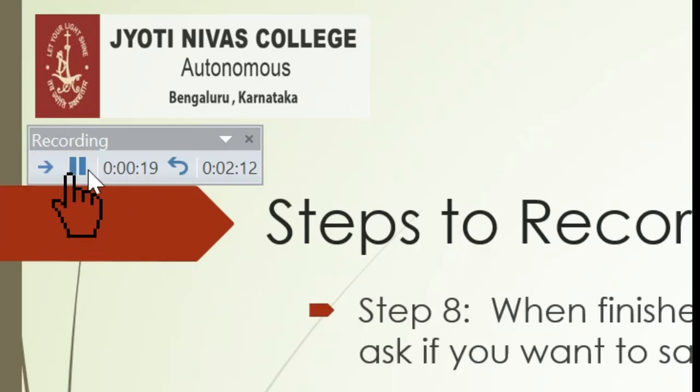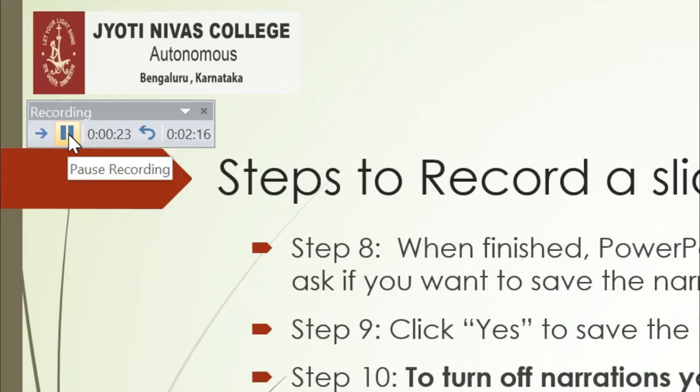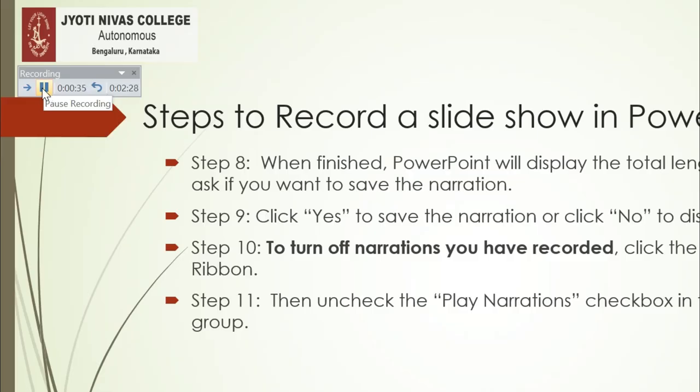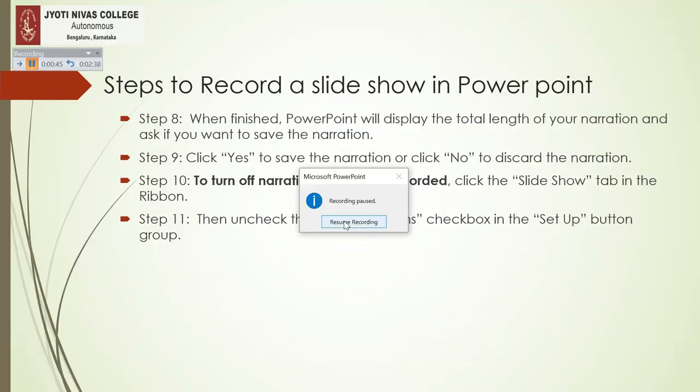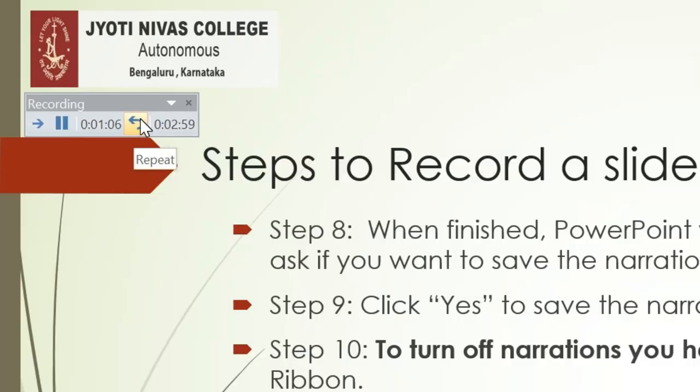Now next is, if you want to stop the narration or pause it, there is a button called Pause Recording. So if you click this particular button, you can pause your recording. If you want to resume your recording, you can click Resume Recording. Now if suppose you want to re-record this particular narration, you can just click the arrow button.